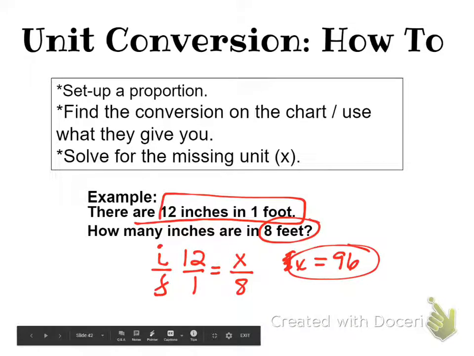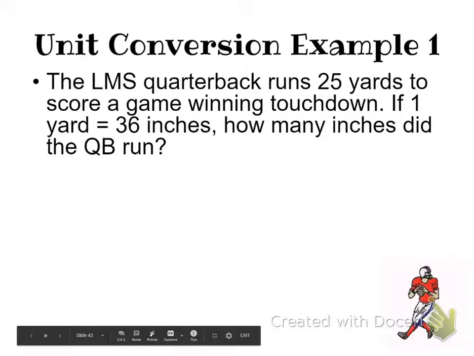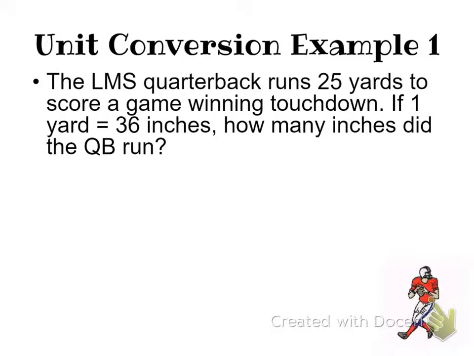Okay. Now let's go to this one. Okay, so this one we're going to work together. It says the LMS quarterback runs 25 yards to score a game-winning touchdown. If 1 yard equals 36 inches, how many inches did the quarterback run? So let's start with, what are we comparing? Yards to inches, right?